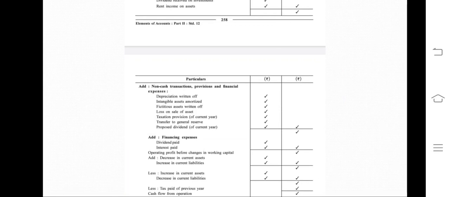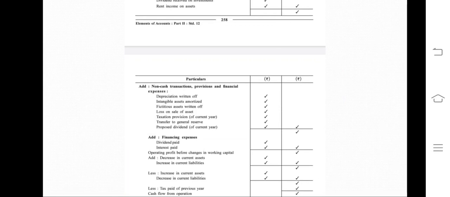Right? What else? Financial expenses will also be added here, like dividend paid, interest paid. So by adding this, whatever amount we get is called operating profit before changes in working capital.